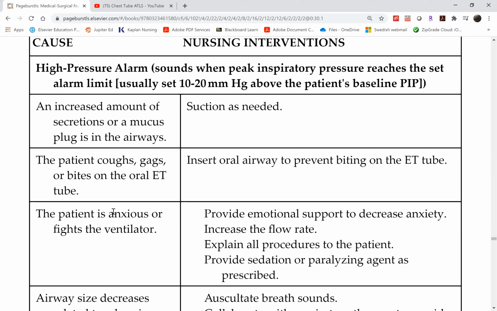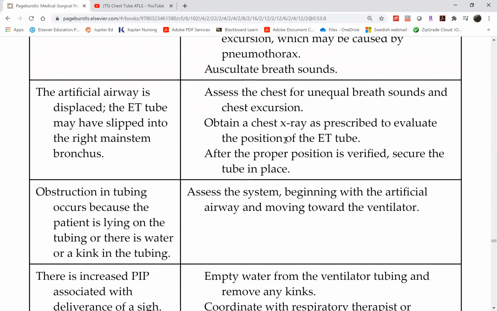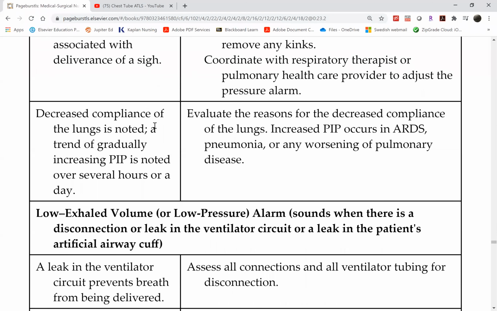Or that's assessment. Or a question could be interventions. Which of the following actions will the nurse take? So it's either first or second column. Any question? They're self-explanatory. If that happens, that's what you do.